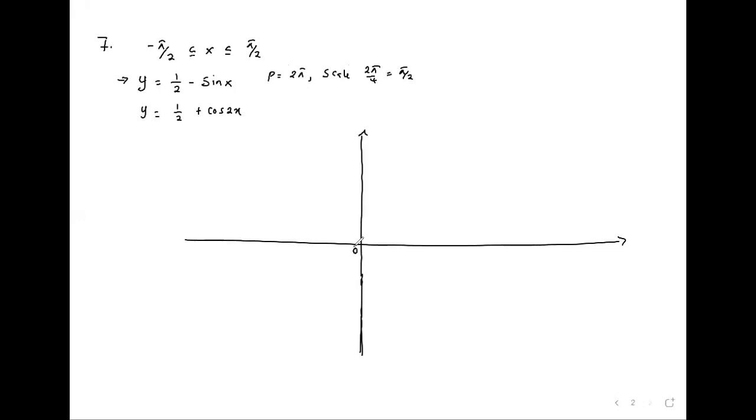So from 0, we'll go to pi over 2, and to the left negative pi over 2. Since you are given that as our interval there, there's no need of adding other numbers. We just end there and then go to that curve. y is equal to half minus sine 0. That is at 0 there, so we'll get just half.